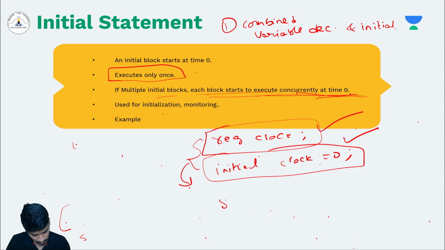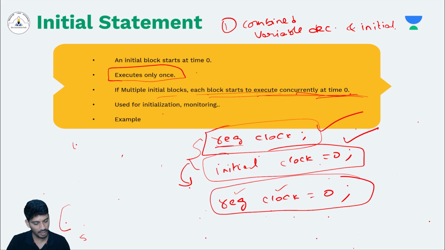You can merge these two statements into a single statement like this. You can directly write register, clock equals 0. I'm declaring the clock as a register, and then I'm initializing it to 0. So in a single statement, you can write both declaration as well as initialization. This is called combined variable declaration and initialization. So this is also valid and this is also valid.